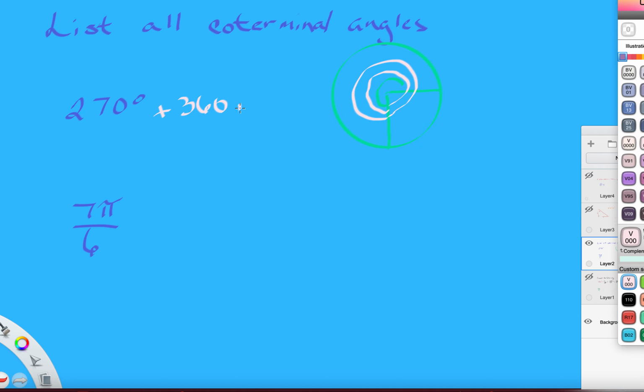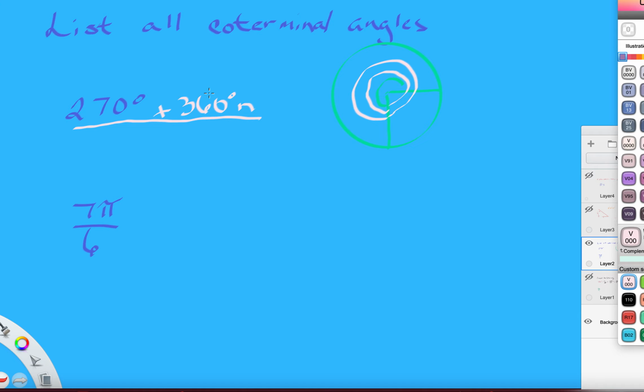So if I just put an n right next to this, if I add 360 degrees times n, that is all I need to do on the line to tell the teacher, whoever's in charge, that you understand the concept that if you went in the positive direction 360, you'd come back to this 270 degree angle.